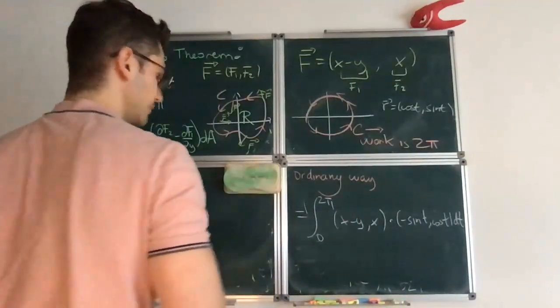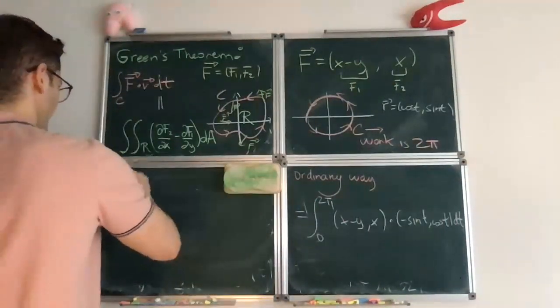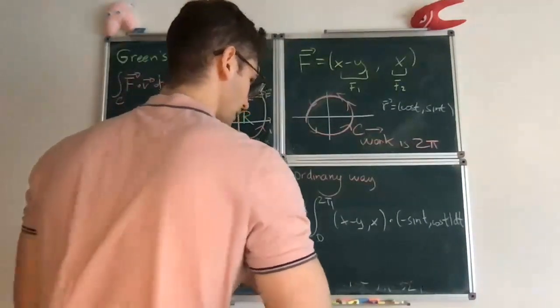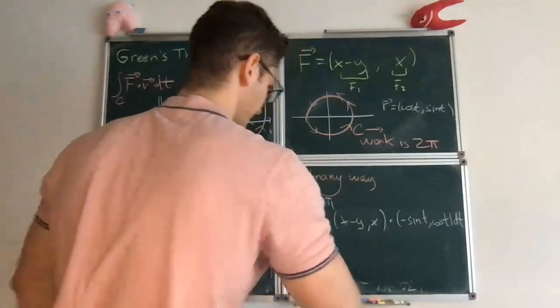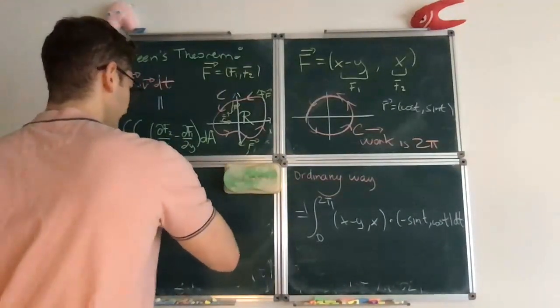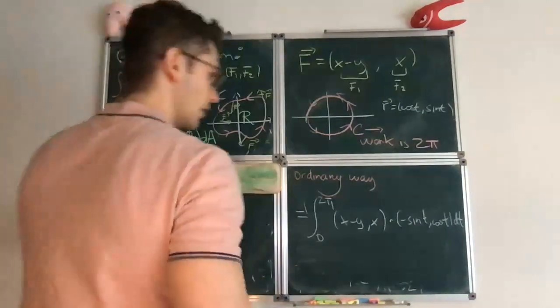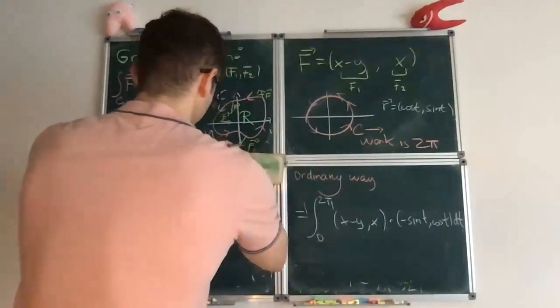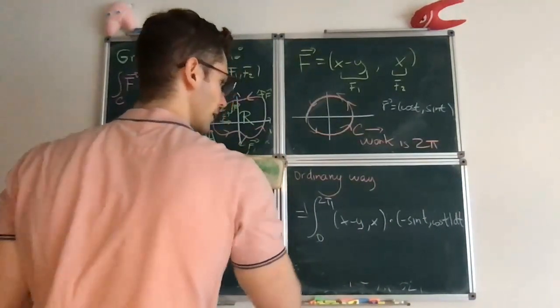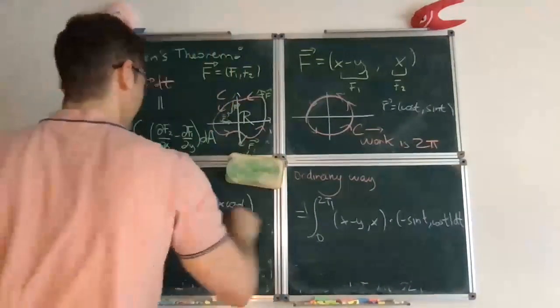this gives you the integral from 0 to 2 pi of minus y sine of t plus x cosine of t dt.